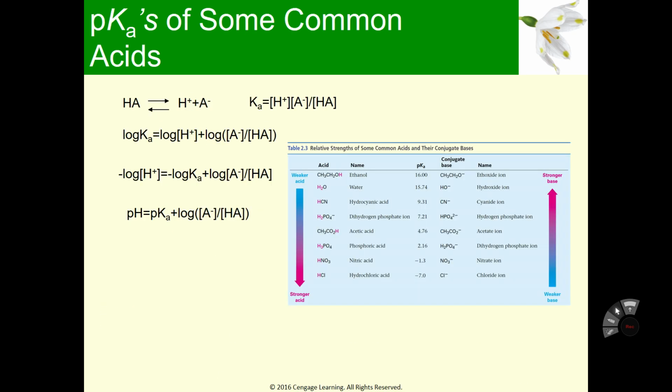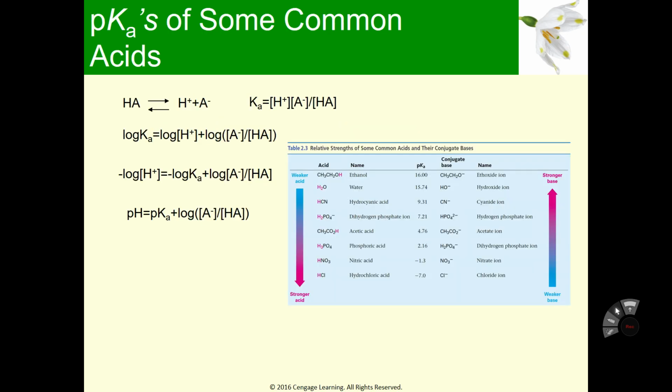And also this pKa represents the strength of an acid. The higher the pKa, the lower the acidity is, okay? So Table 2.3 explains the relationship between pKa and acidity, right?